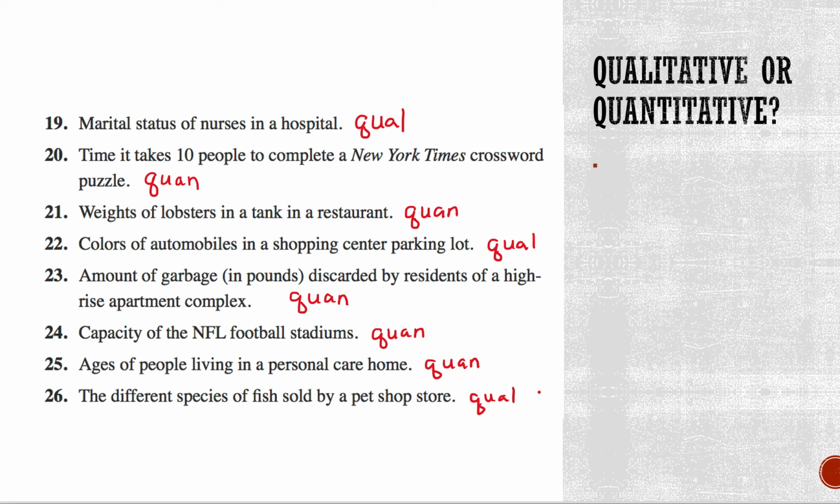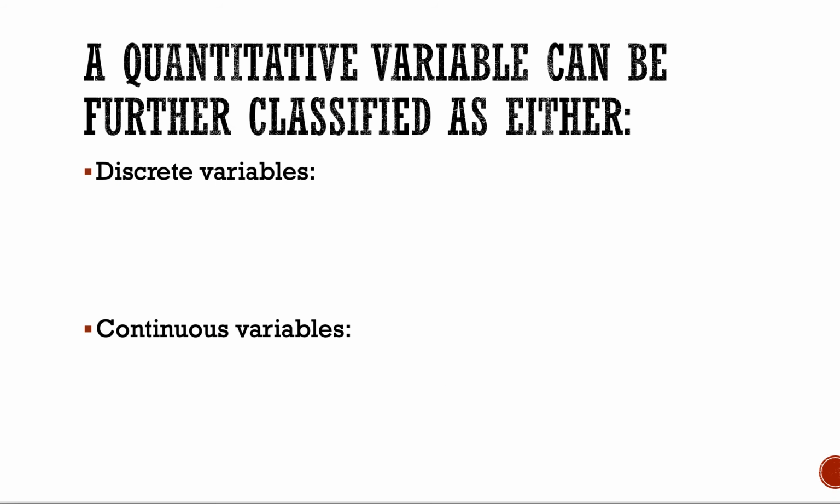So if your variable is qualitative, then you are done classifying. Okay, you cannot classify a qualitative variable any further. But if your variable is quantitative, we go one more step. A quantitative variable can be classified as either discrete or continuous.